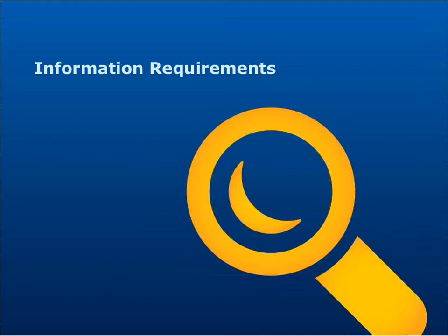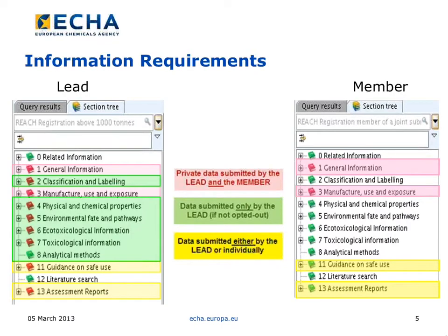So let's have a look at the information requirements for a member dossier. As you can see on your screen, we have the information requirements for both the lead and the member. The pink sections 1 and 3 that you see on your screen are private data that needs to be submitted both by the lead and the members individually.